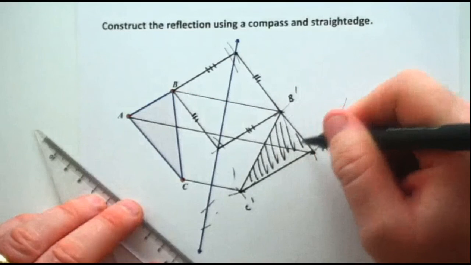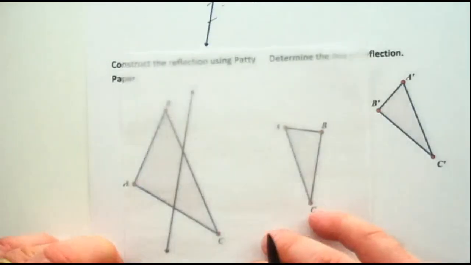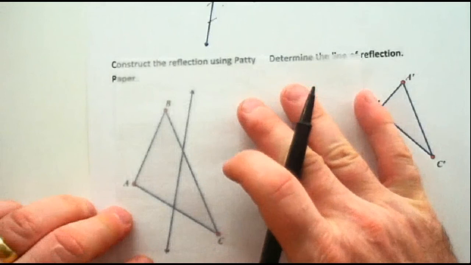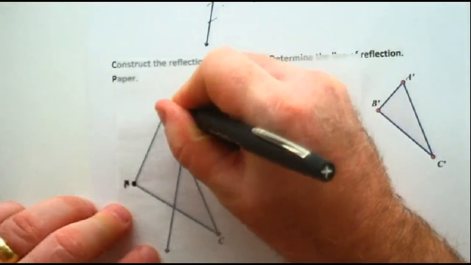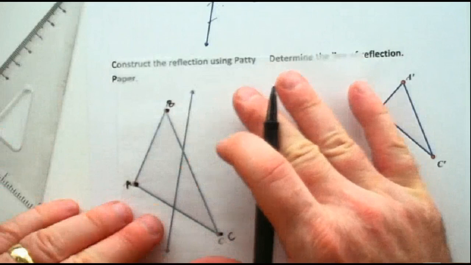This time, this says to use patty paper to make our reflection. So what we're going to do is lay down a piece of our patty paper onto it, and we'll mark A and B and C. We will mark obviously our line of reflection.